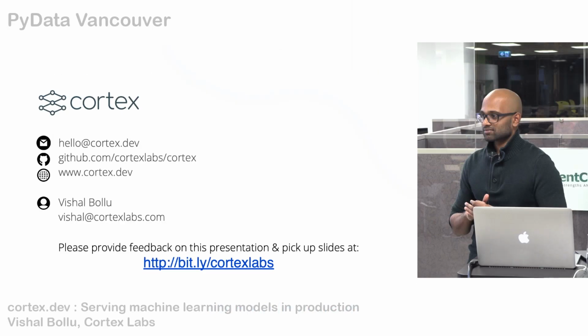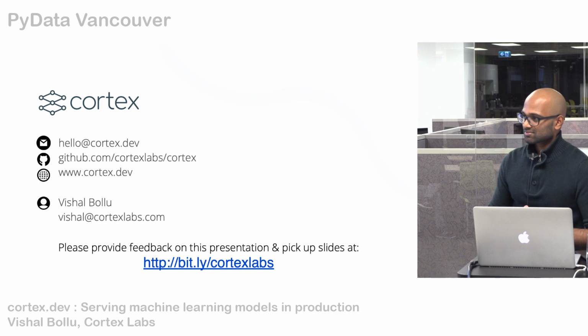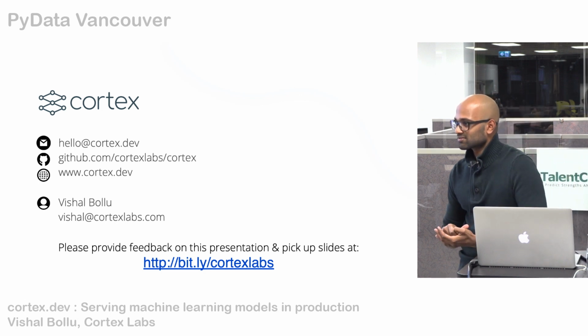I have a question about the open source project. I know that cortex.dev is open source. Are you also getting help from people outside of your company with the roadmap? Is the roadmap available for people to contribute to?